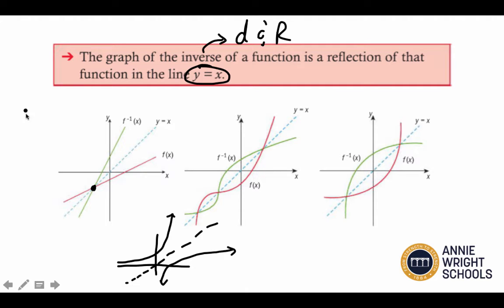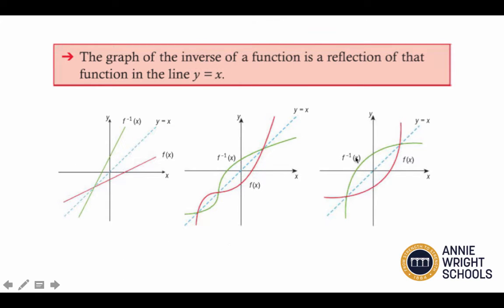So if you have a function f of x with a domain and a range, for the inverse of that function, the range of this function is its domain, and the domain of this function is its range. So that's important, and you can see that as evidenced here by the graph.